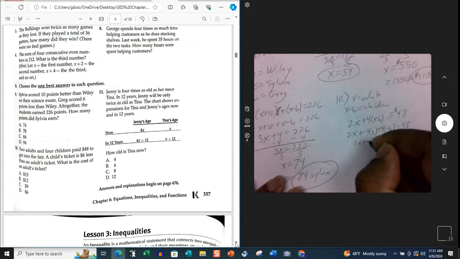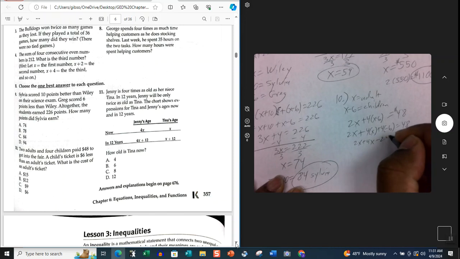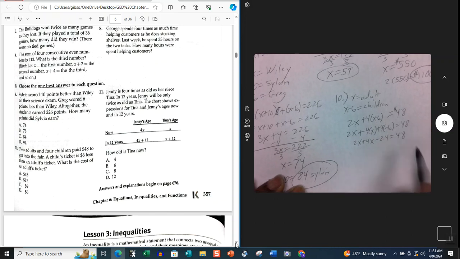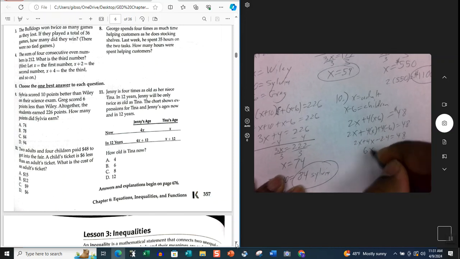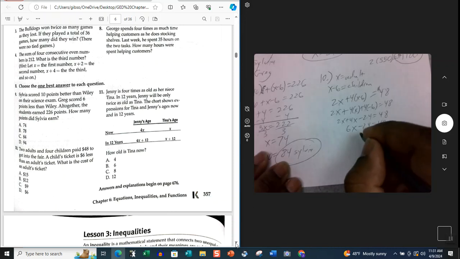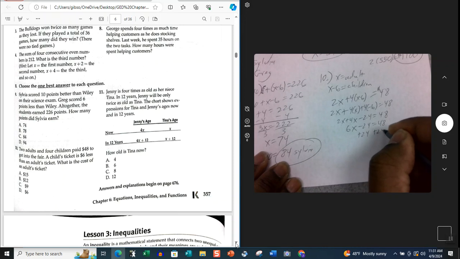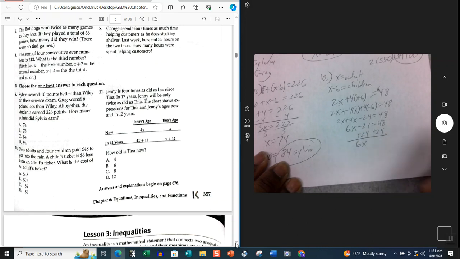So it'd be 2x plus 4x minus 24 equals 48. 2x plus 4x is 6x minus 24 equals 48. We add 24 on both sides, and 6x equals 72. Divide each side by 6, and x is 12.